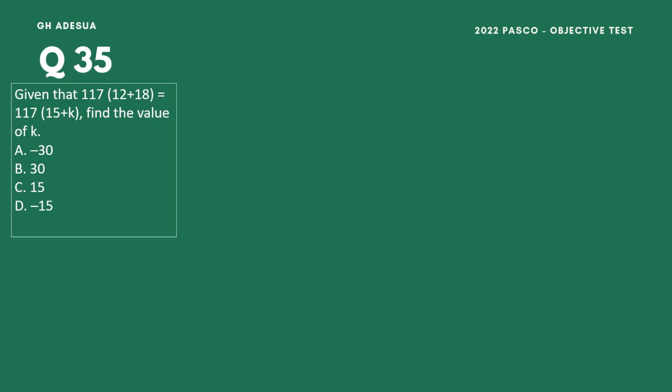So we have 117(12 + 18) equal to 117(15 + k). We have been asked to find the value of k.